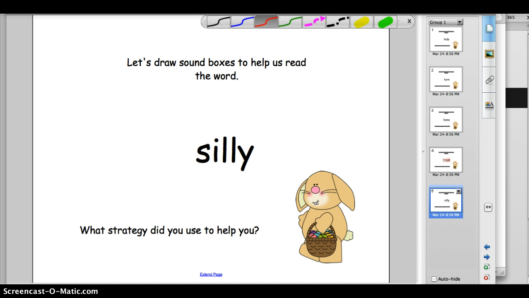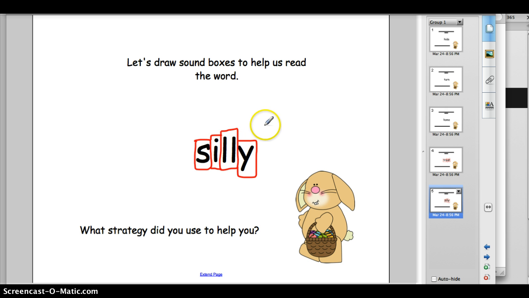Okay, this one as well. So when you see two consonants together that are exactly the same, they only make one sound. S, I, l. Now, the letter Y is considered a vowel when it is at the end of a word. When Y is at the end of the word, it will never make the Y sound.